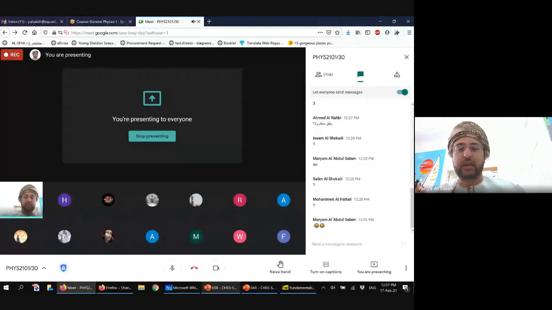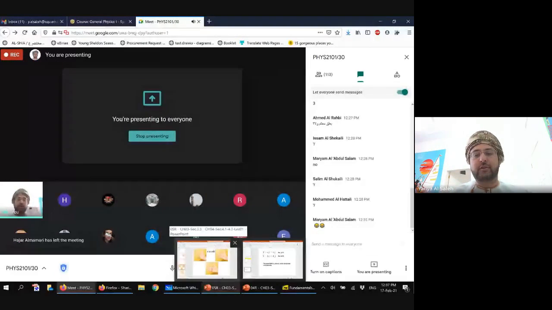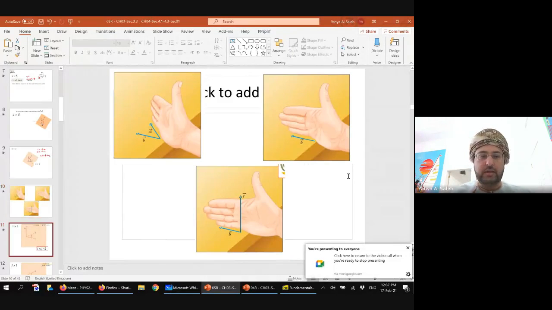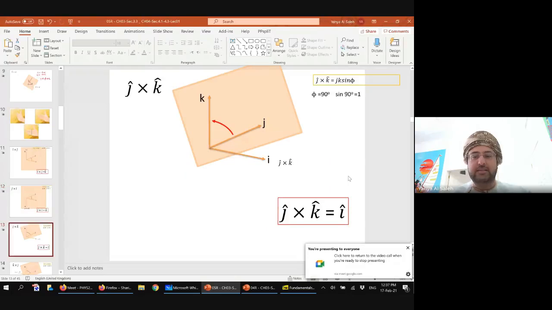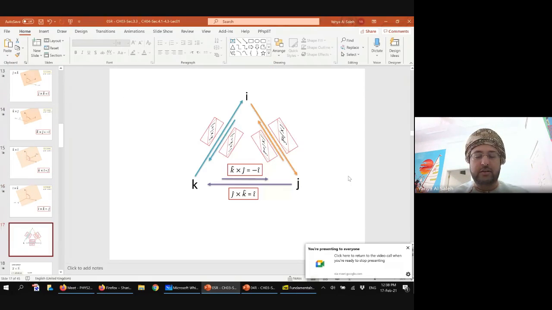Now, mathematically, your book gives you a bunch of rules. It tells you that i cross j is k, j cross i is minus k, blah blah blah, and you have a list of 6, 7, 8 rules. Who here hates memorizing rules? We all do.